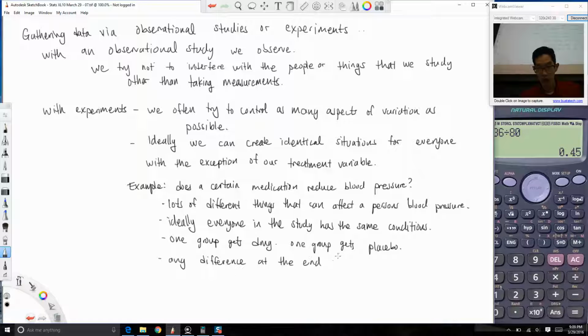Any difference between the groups at the end can be attributed to the drug versus placebo.